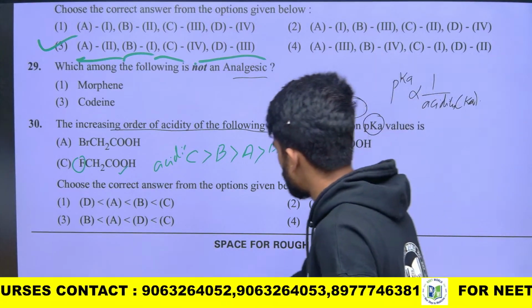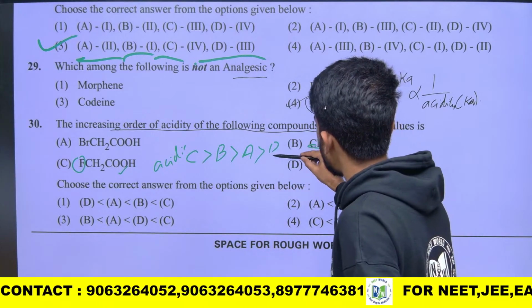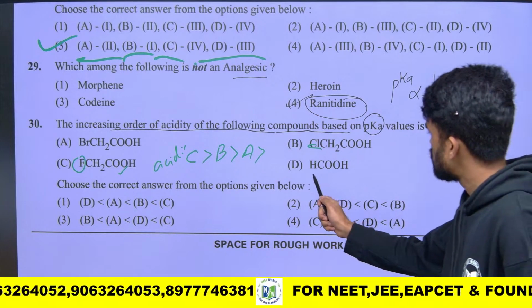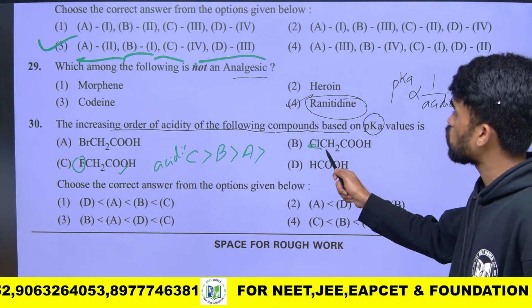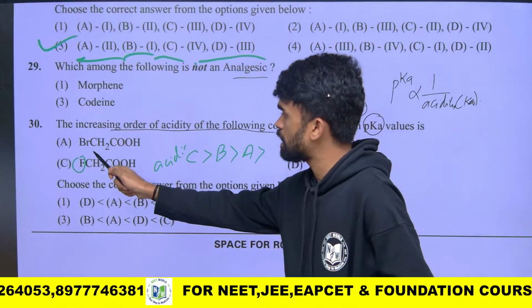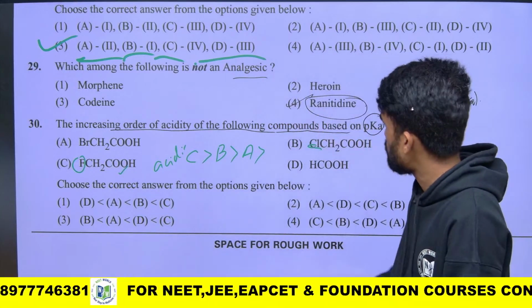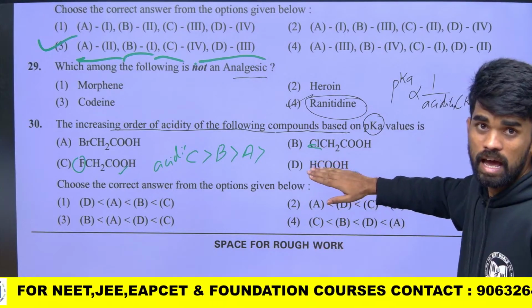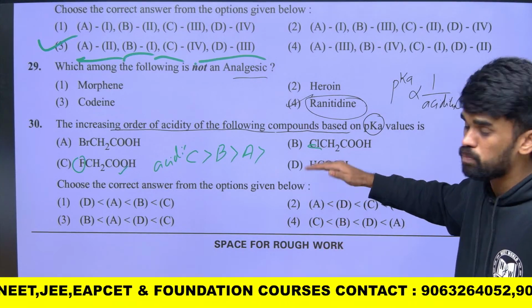So now what we will be doing is, remove formic acid aside. Why am I removing formic acid aside? Because this is formic acid, this is chloroacetic acid, fluoroacetic acid, bromoacetic acid. Just compare these 3 and insert this in between, because this has one carbon less, so the alkyl group is lesser than this.